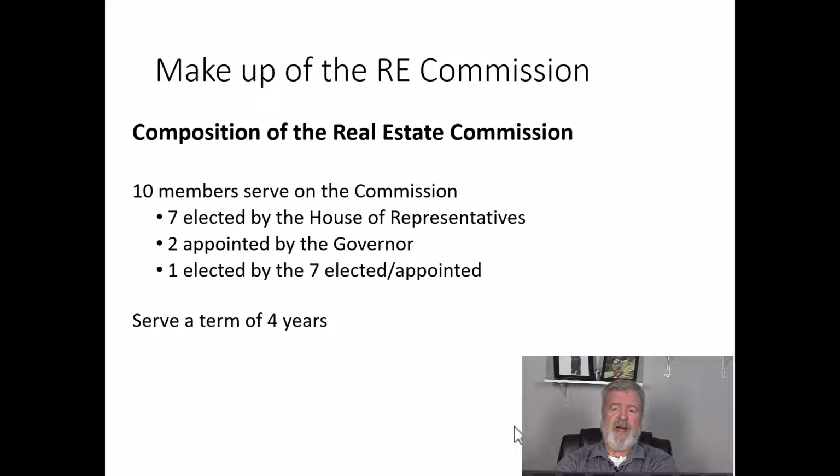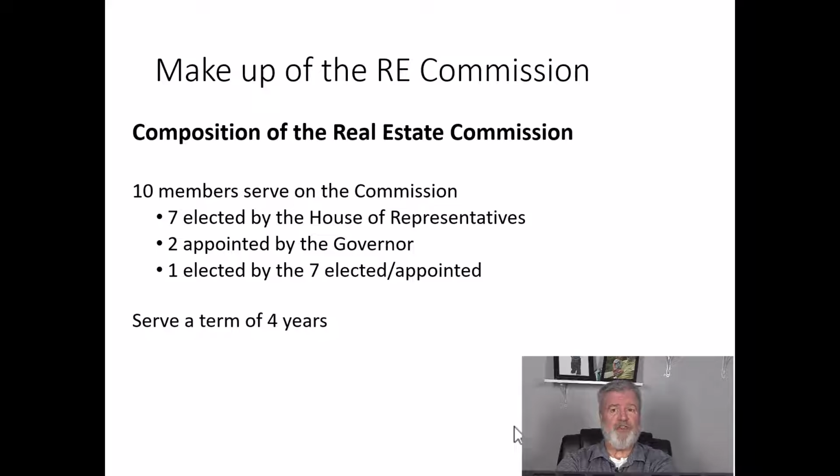Well, in South Carolina, we have 7 congressional districts all around the state. And the reason that's important is because our elected House members, the House of Representatives, will elect one licensed real estate agent from each congressional district to serve on the commission.